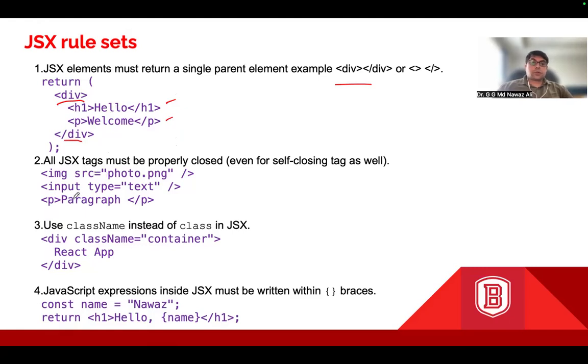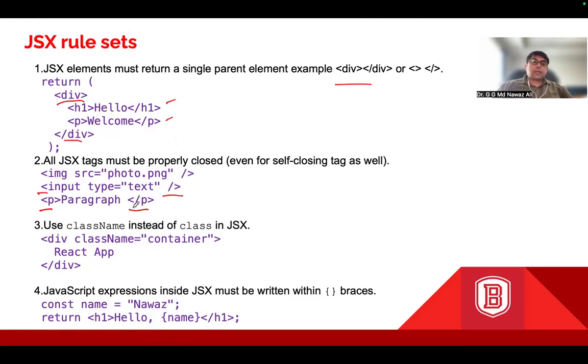For example, here you have an opening and closing tag for the p tag, and that's fine. But some tags that do not have a closing tag in HTML must be closed in React. So this is the self-closing tag you should use.